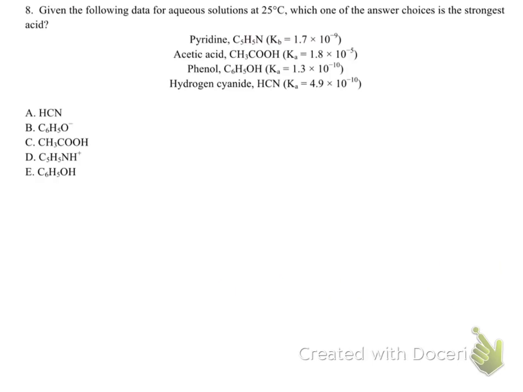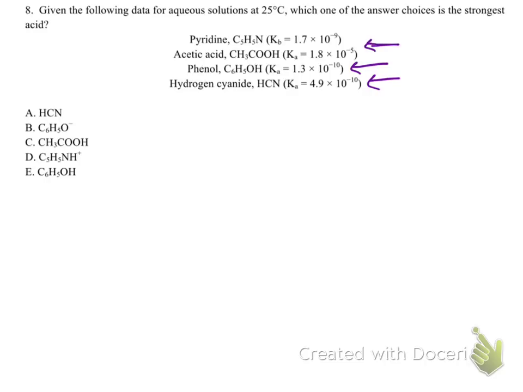In this problem, we're asked to find the strongest acid, and we're given a bunch of constants here that we can use to help us in our quest to do so. So first, I'm going to eliminate a few answers here. Looking at these Ka values, we can see that some of them are stronger than others.